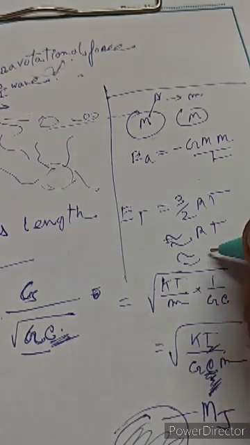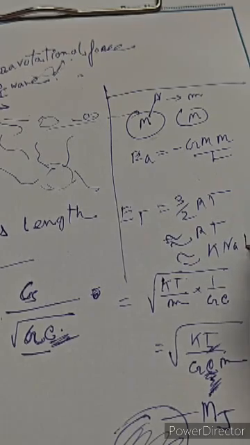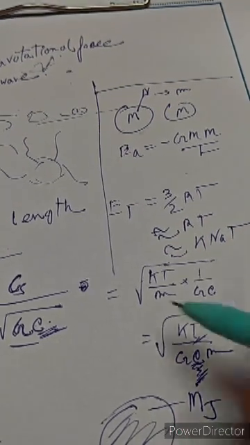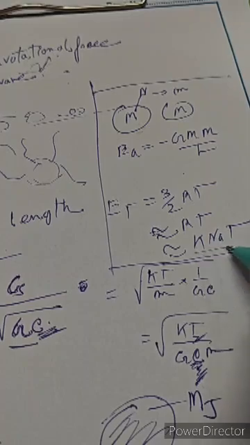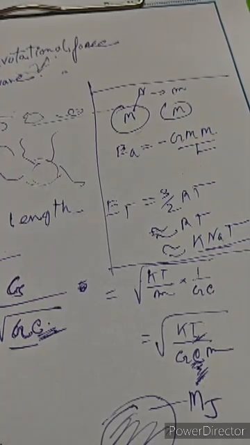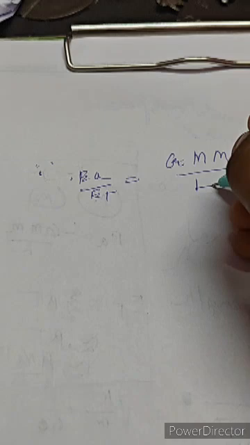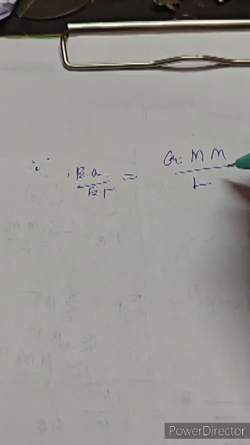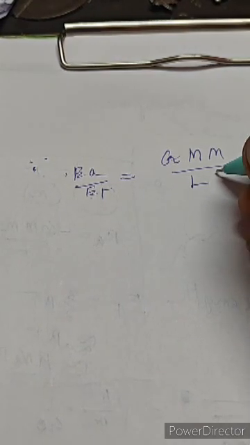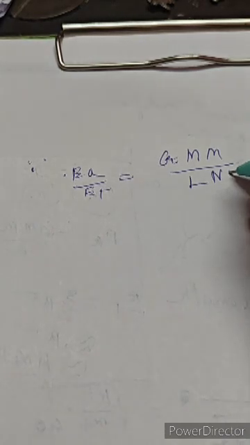R is equal to k Na, so it is k Na T. Now EA by ET is equal to GMM by L and N kT.